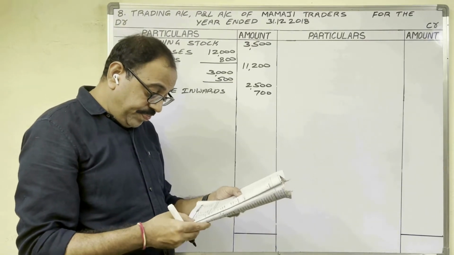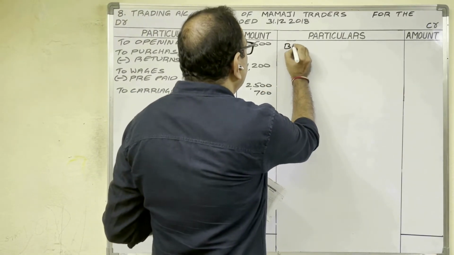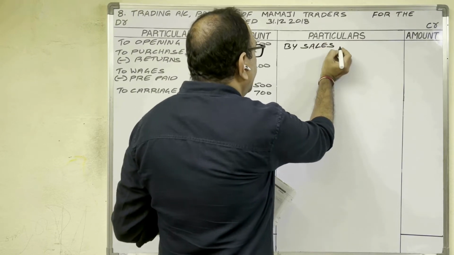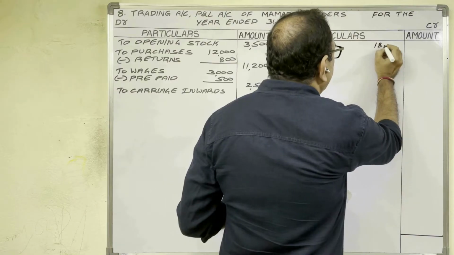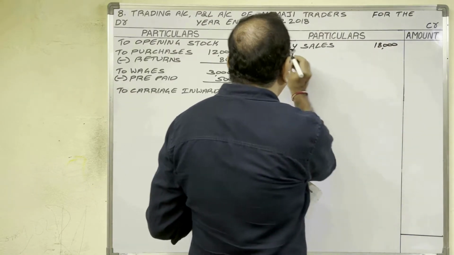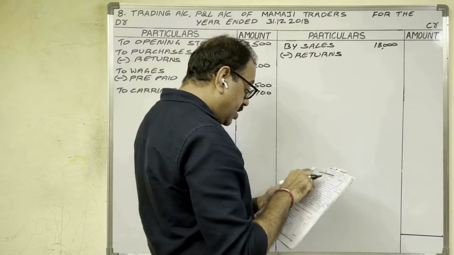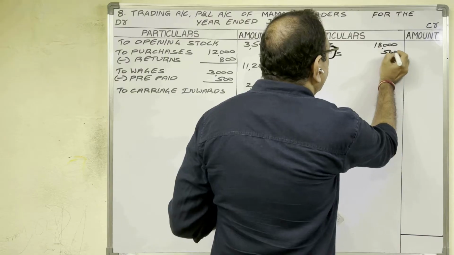Come to credit. Sales. Credit side we should show this. By sales. In inner column, because in debit column sales returns are given, 18,000 rupees minus returns. In debit column, returns amount 500 is given now. This is sales return.